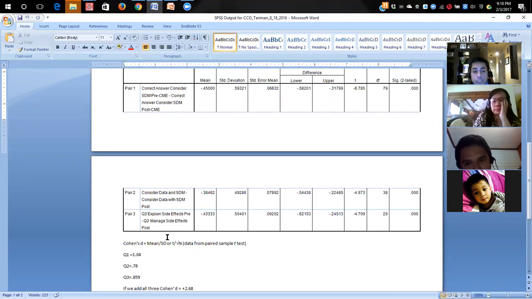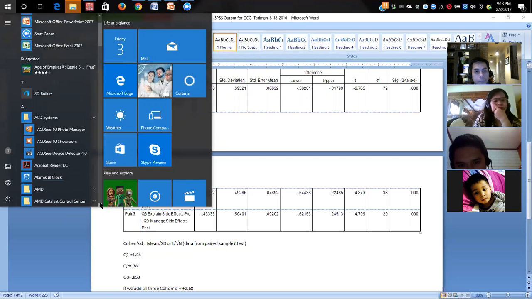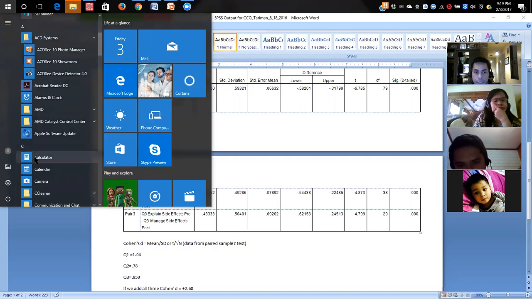So if we simply plug in the numbers to get Cohen's d, the mean divided by the standard deviation from the paired t-test statistics, the first one would be minus 0.45. I'm only going to show one calculation because it's not that complicated.